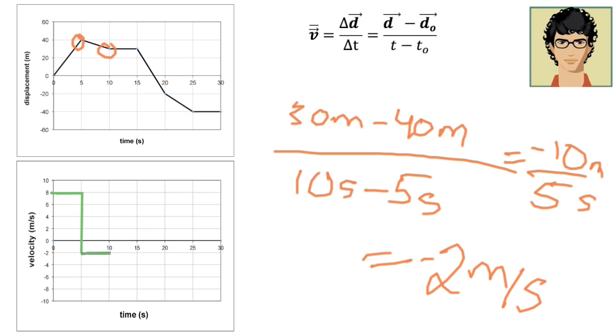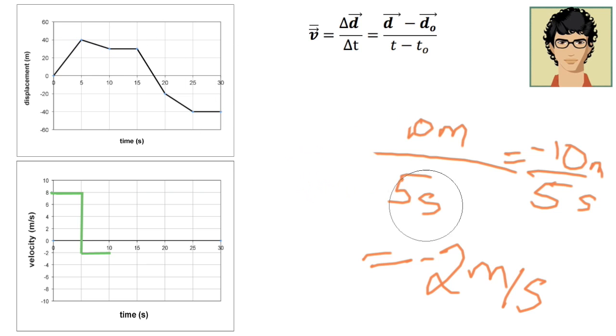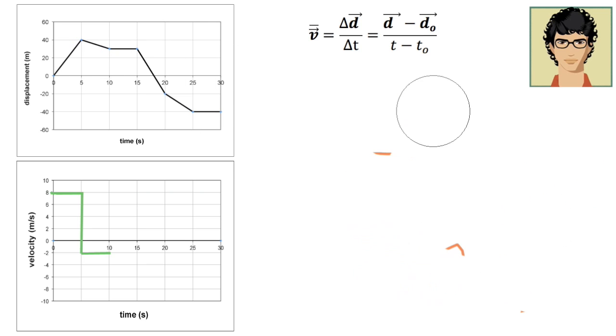Going with the next interval, it's very easy because that next interval, as I clean my board, is 10 to 15 seconds. It's a zero slope. We have a flat, constant displacement. We're not changing our position.